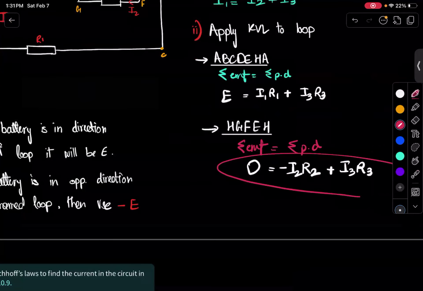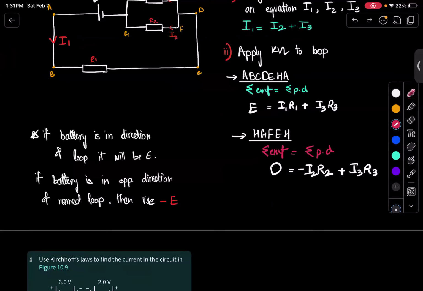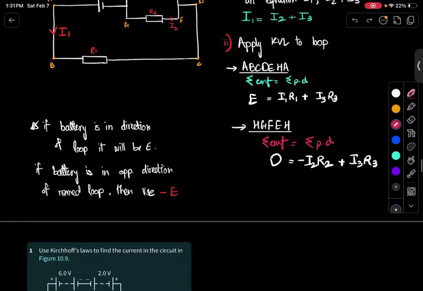You have used Kirchhoff's voltage law in this scenario as well. I've written it over here, right? If I is in the opposite direction of the loop, use negative voltage or negative IR.